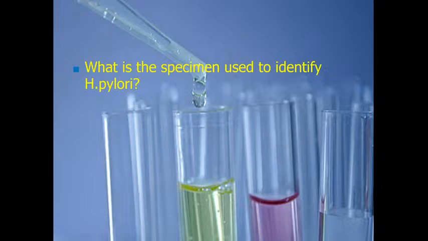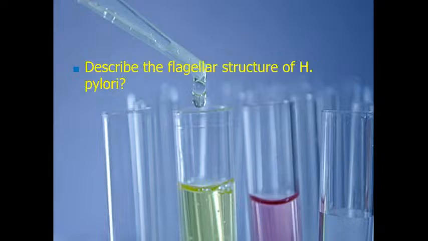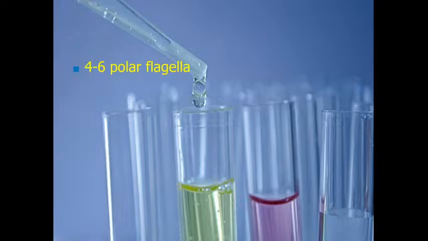But for the purpose of microbiology, stomach biopsies are the gold standard samples that you need to have. Now let's talk about the flagellar structure of Helicobacter pylori. It actually has 4 to 6 polar flagella, located all over the body of the bacilli.